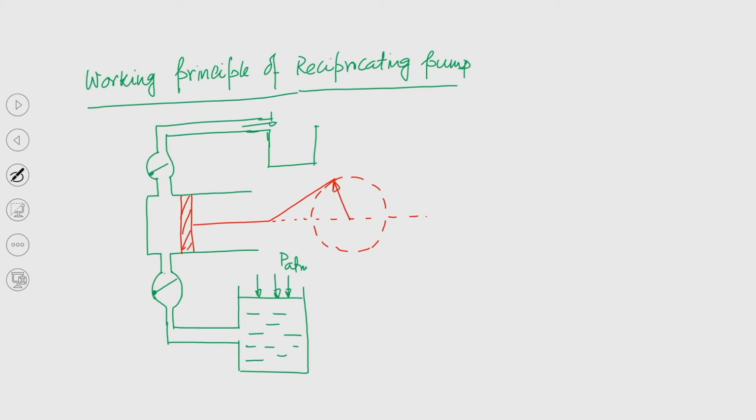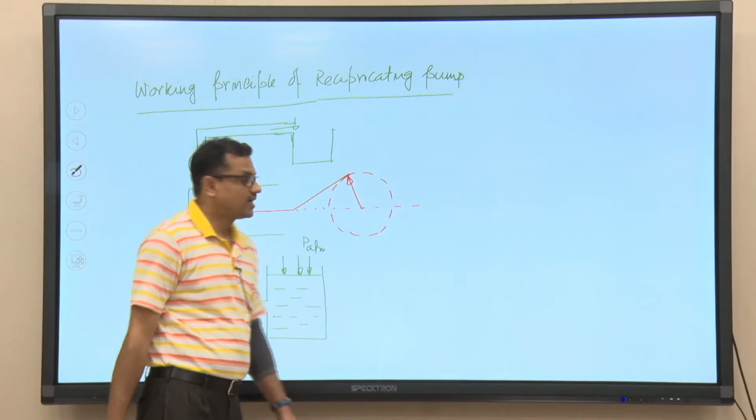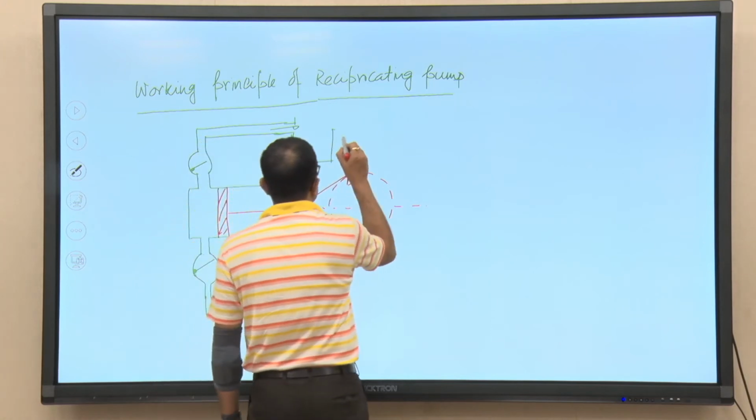So, we have drawn it, and let us now try to label the different components.